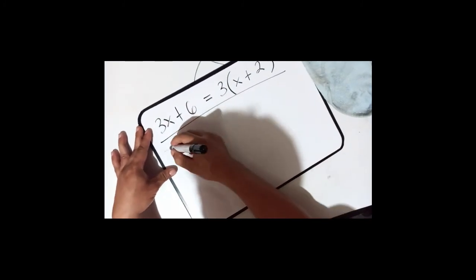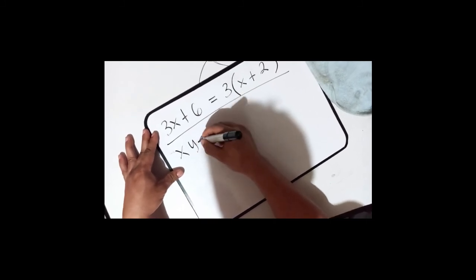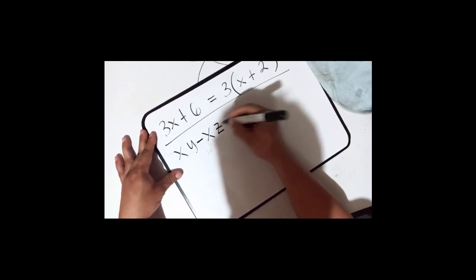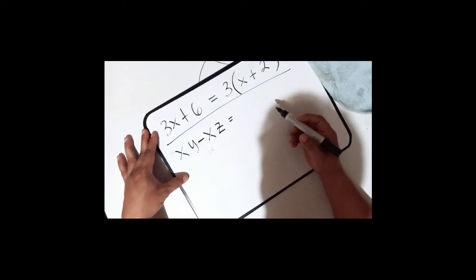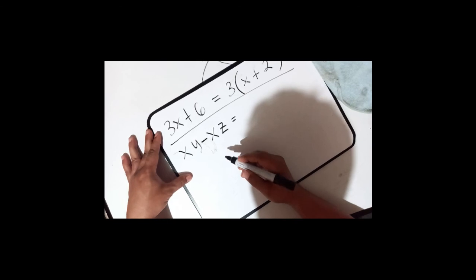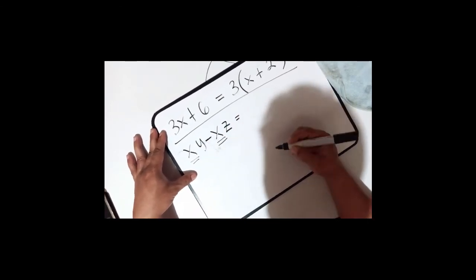So let's take another example. Let's say we have xy minus xz. So what is the common for both terms? X. So we have to pull out x.